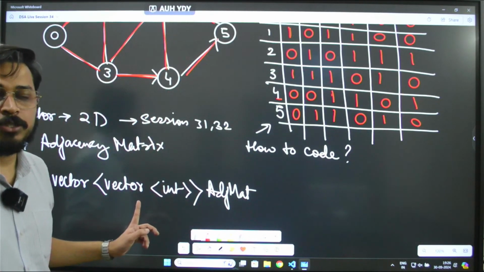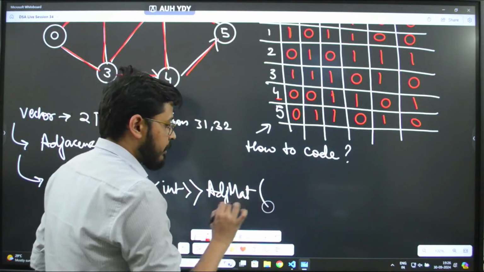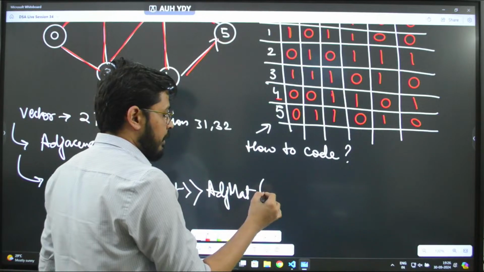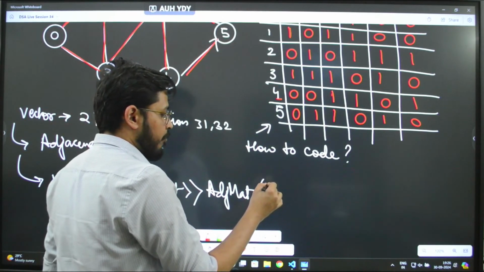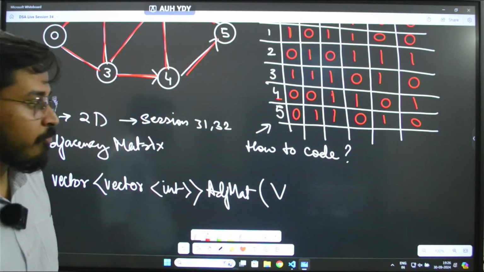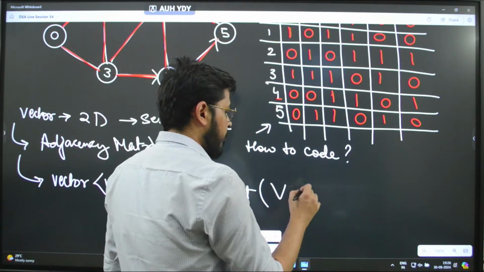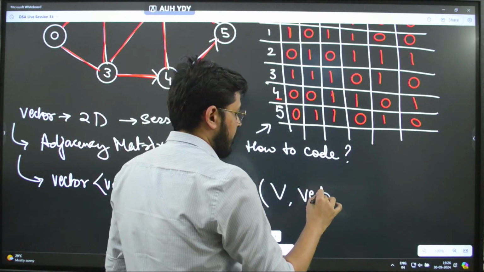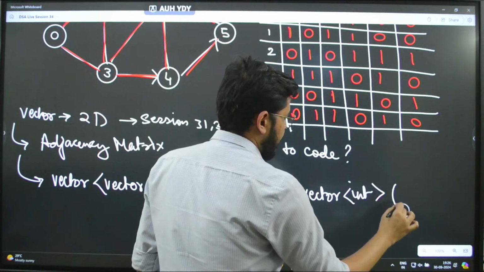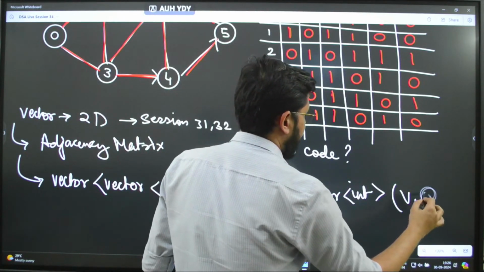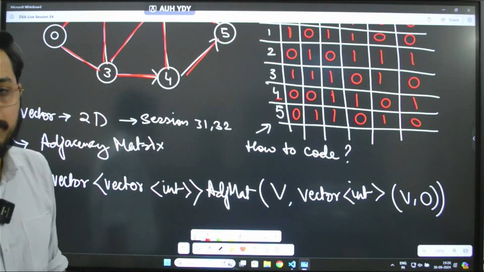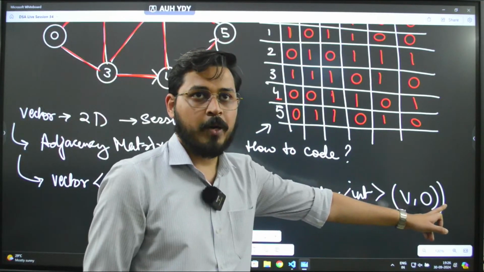This is a two-dimensional vector of size V, where V is the number of vertices, then the inner vector of type int will be of size V, comma, with the value 0 by default.